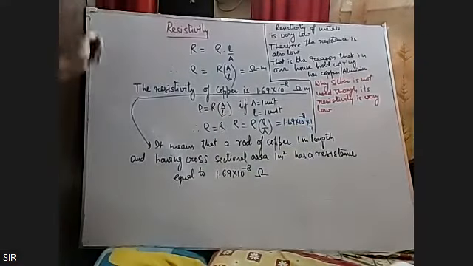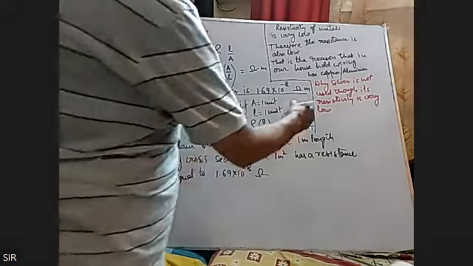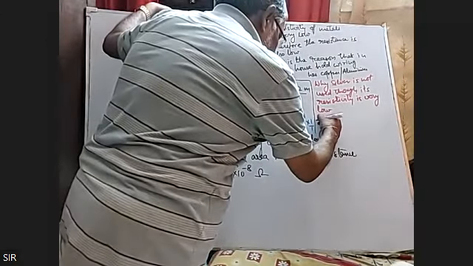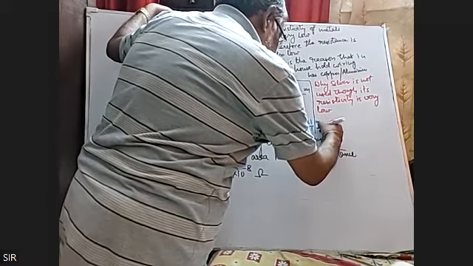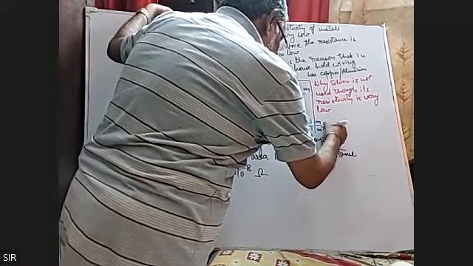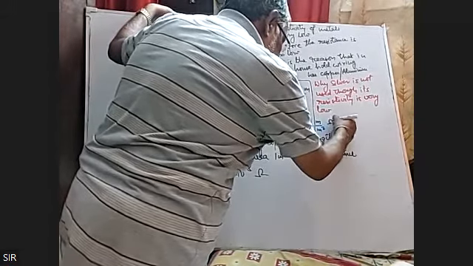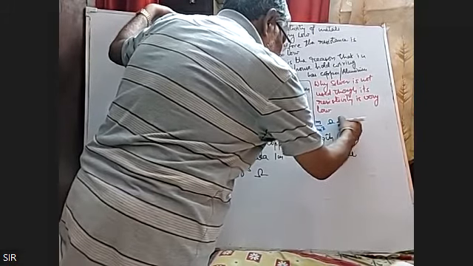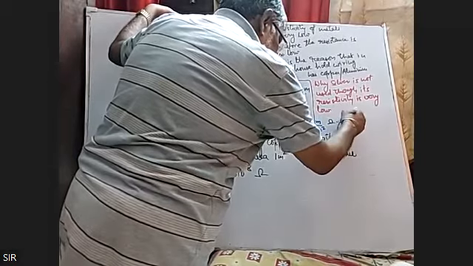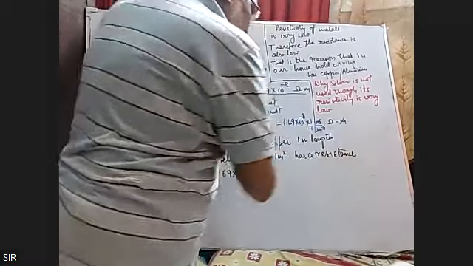So this will be what? This is meter square. No, sorry, meter. And this is meter square, but this is in ohm meter. See, everything will be cancelled. Don't worry. Ohm meter. Meter square cancelled.